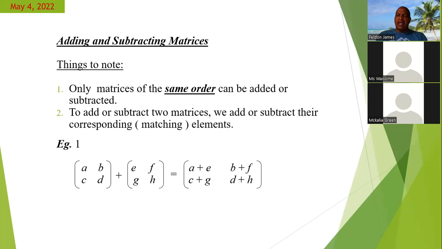Now, adding and subtracting matrices are pretty straightforward. So there are 2 things here that we need to note. When we're adding or subtracting matrices, only matrices of the same order can be added or subtracted. Anybody know what that means? Now, can anybody remind me of what the order of a matrix is?